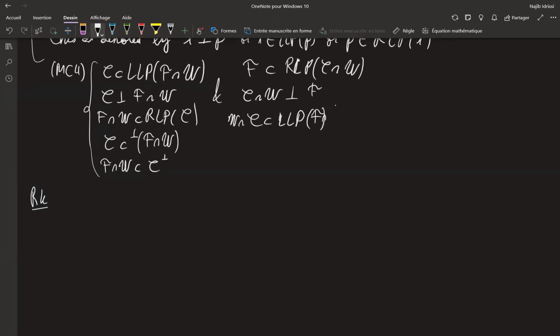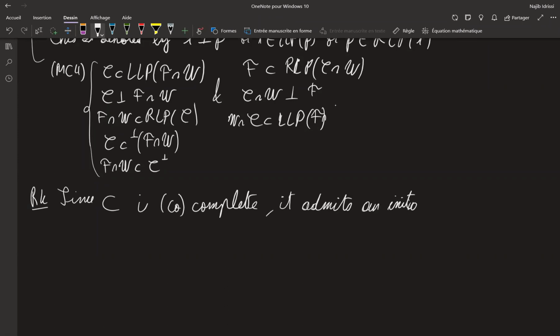So let me also note that since C is complete, it has an initial object that I'm going to denote as the empty set, because this is the initial object in the category of sets, and a terminal object that I'm going to denote by a star, so you have to think of it as a singleton, right?